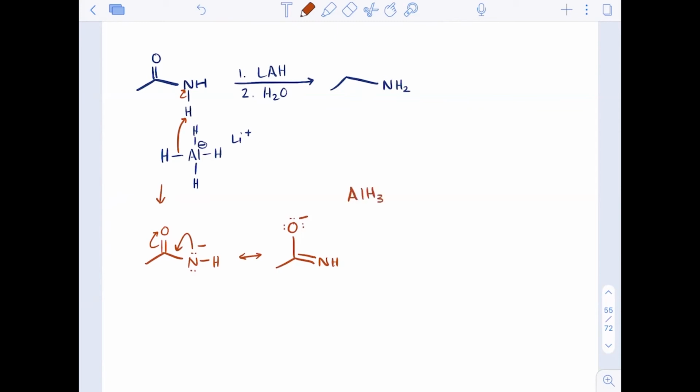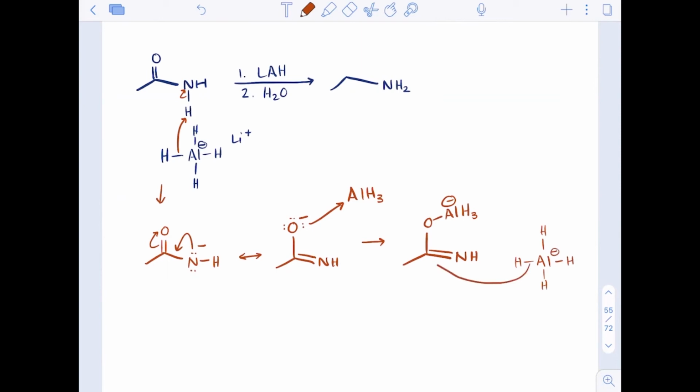Aluminum trihydride then coordinates with that oxygen. So we'll get an aluminum complex, again with a negative charge. This is where the second equivalent of lithium aluminum hydride will react.